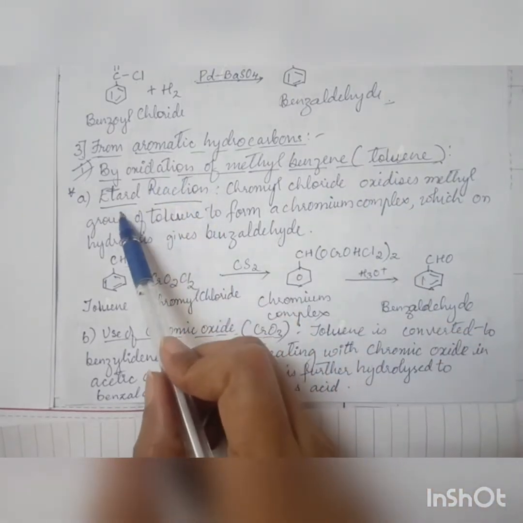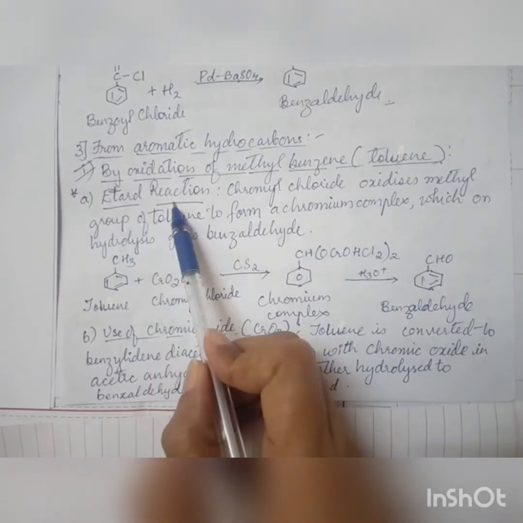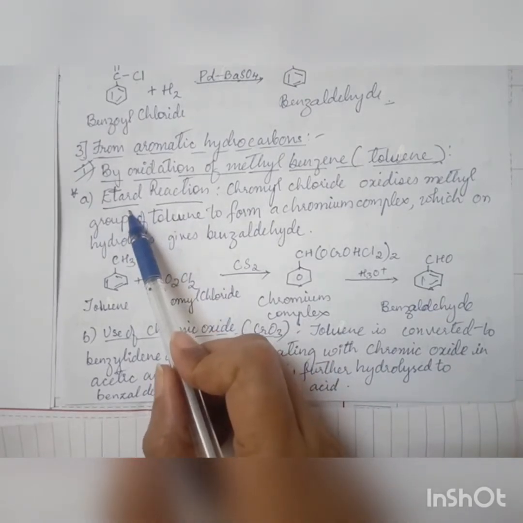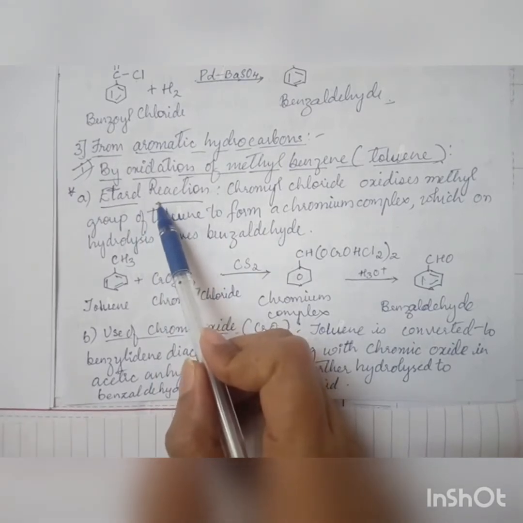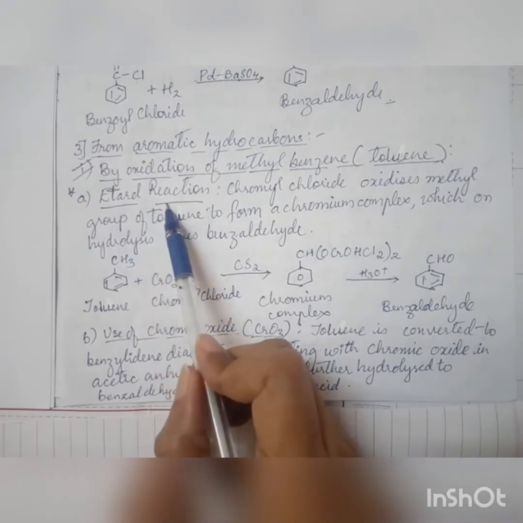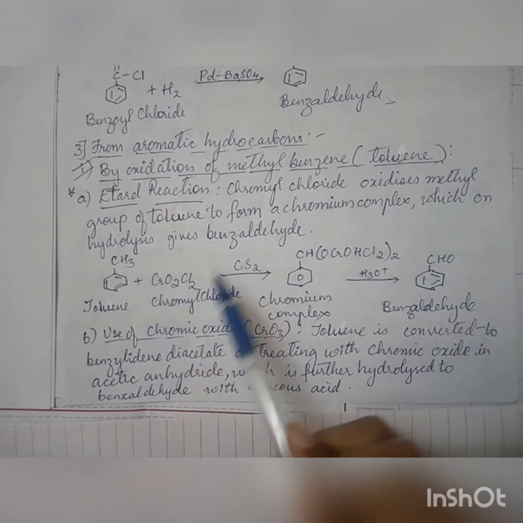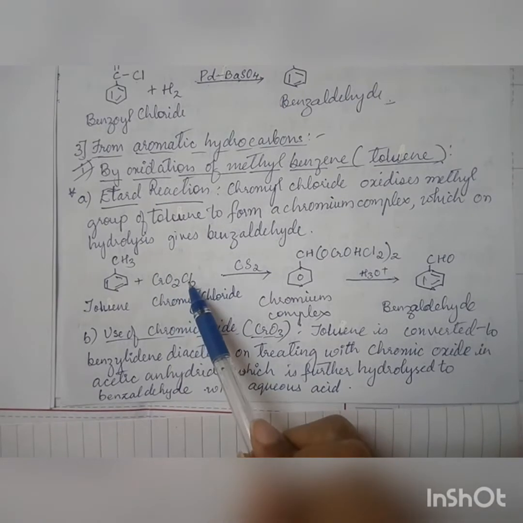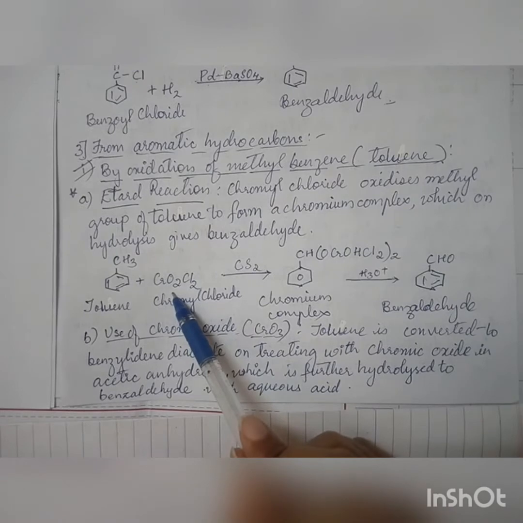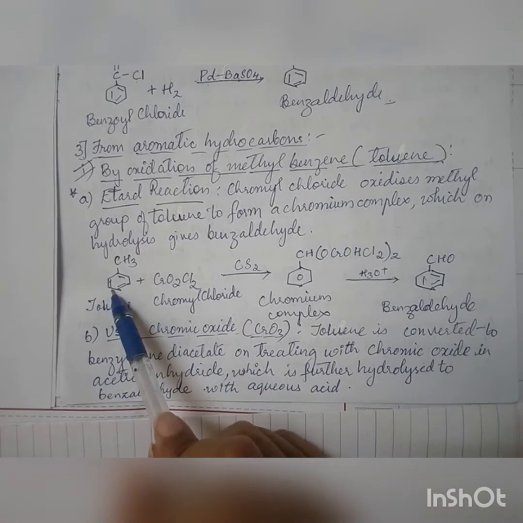In this one, the first reaction which we are going to study is Etard's reaction. As it is a named reaction, it is an important reaction. In Etard's reaction, we take chromyl chloride, CrO2Cl2, which is going to oxidize toluene.